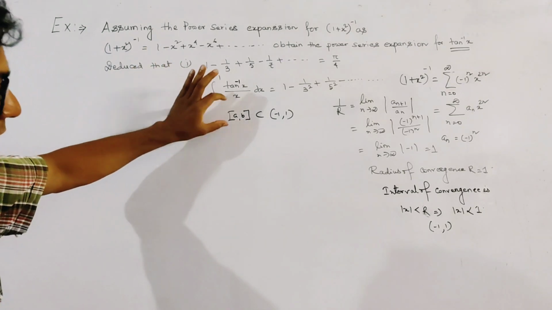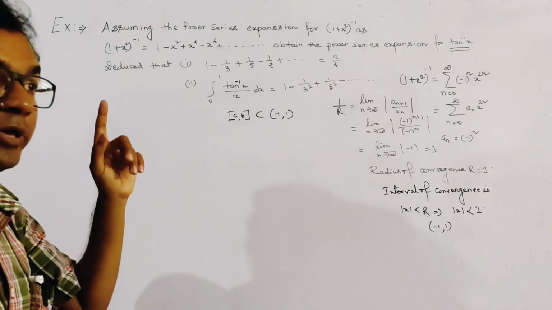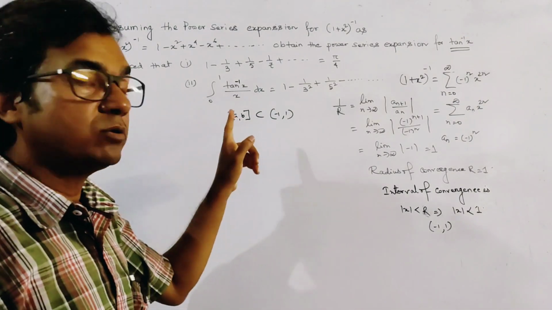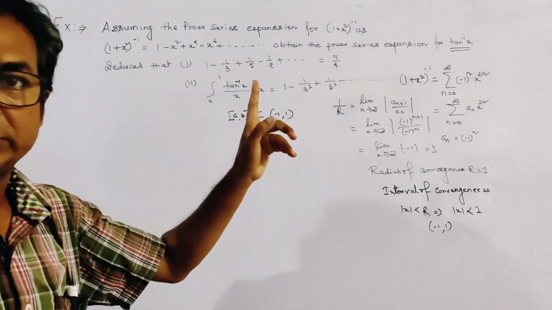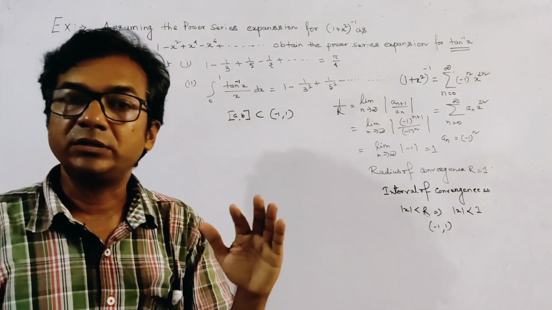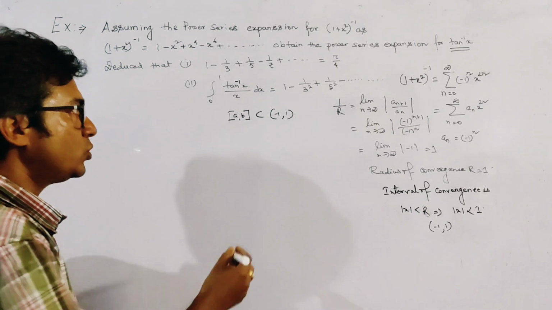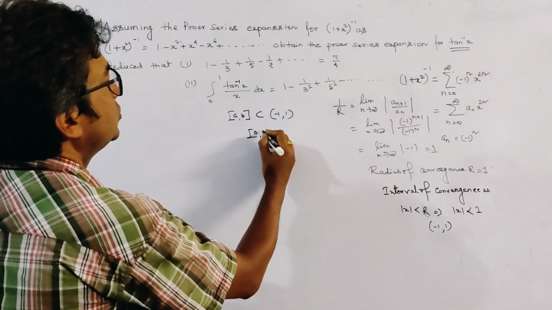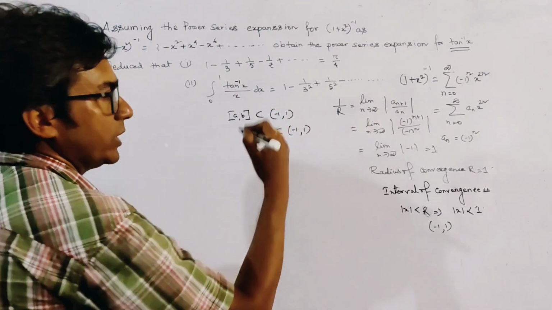We already know this theorem of power series: if we take any bounded closed interval in the interval of convergence of any power series, then we can integrate or differentiate term by term the given power series. Here we get the closed and bounded interval 0 to x, which is a subset of minus 1, 1.